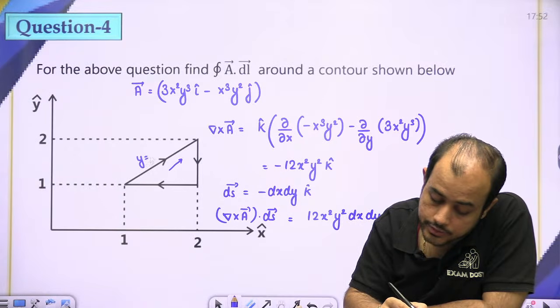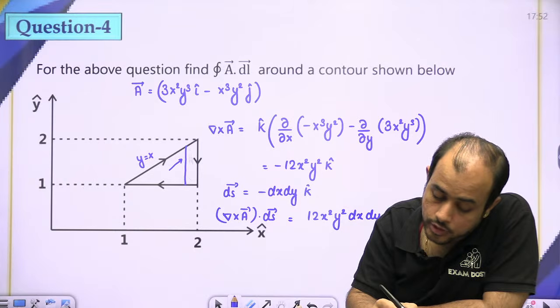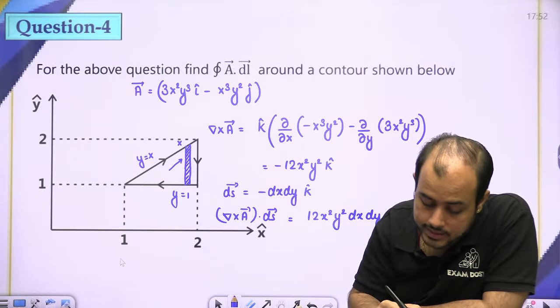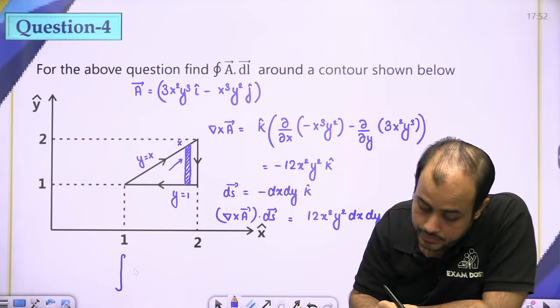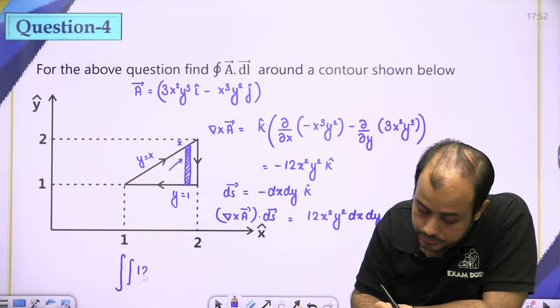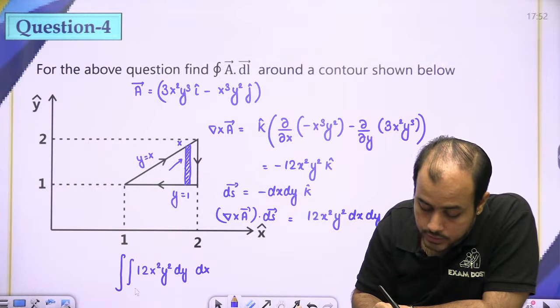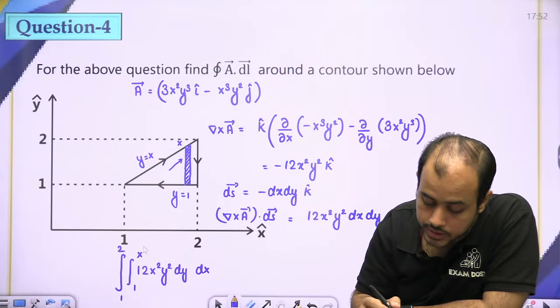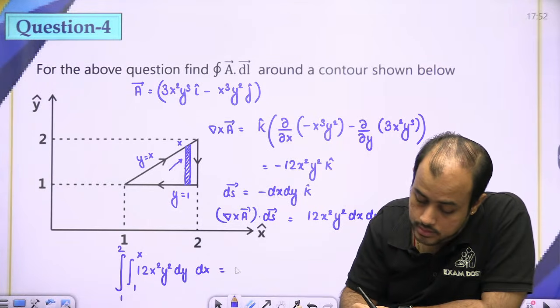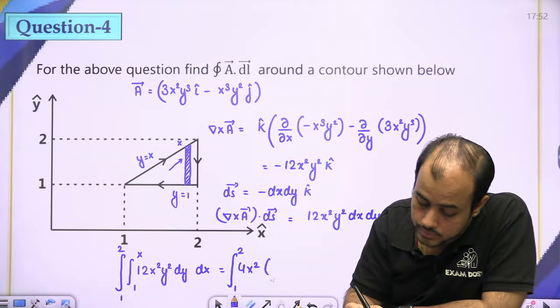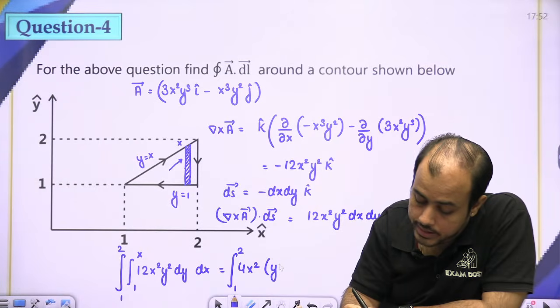Now this is the line y equal to x. For double integration na beta, mathematically I have to choose a strip. So y will vary from 1 up to x, while x varies from 1 to 2. What is the integration of y square? y cube by 3.